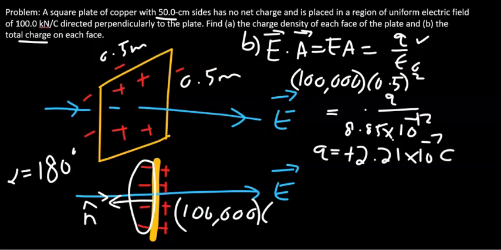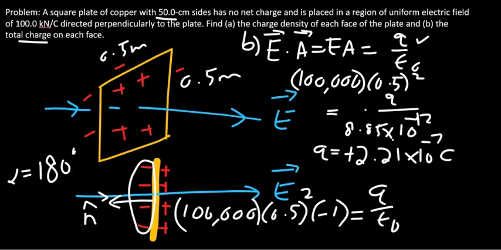The area is again 0.5 times 0.5. Don't forget cosine 180, that's minus 1, equals the net charge over epsilon naught, and epsilon naught is given by this number. And you can determine the value of the negative charge, which is minus 2.21 times 10 to the power minus 7 coulomb.